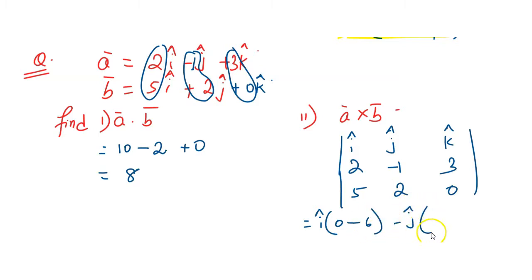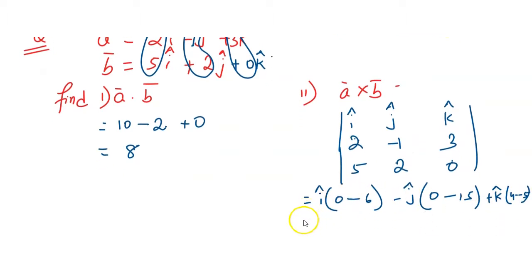Again minus j cap, 2 into 0 minus 5 into 3. And then with k cap, we will multiply 2 into 2, that is 4, minus 5 into minus 1, that is minus 5. So minus minus 5. So this will give us minus 6 i cap plus 15 j cap and then plus 9 k cap.